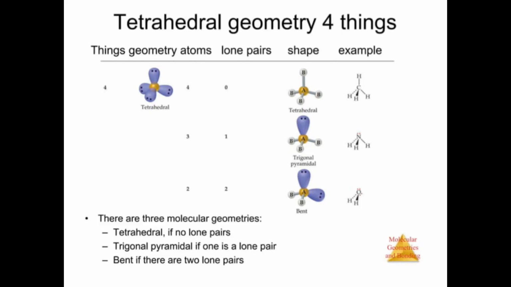Now, when you are still at four things but it becomes 3,1, that means 3 atoms and 1 lone pair, it becomes trigonal pyramidal. An example is ammonia. Then when it has 2 atoms and 2 lone pairs, you are going to have a bent shape. An example is water. And another example of that bent shape is SO2, that's sulfur dioxide. So that's how tetrahedral geometry is.